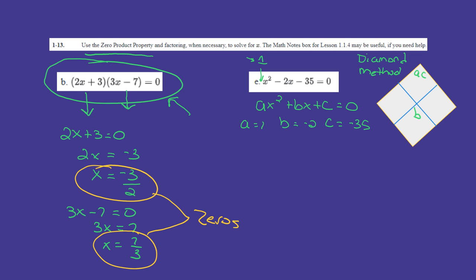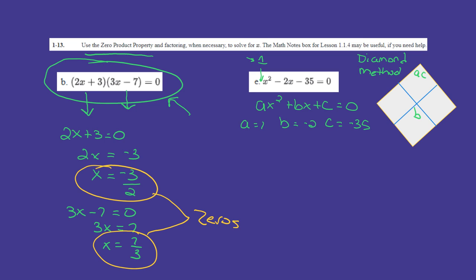The quadratic formula is something else down the road. And you can look at the 1.1.4 lesson notes and you will see the quadratic formula. But most teachers are not going to let you use the quadratic formula for things that are factorable because it's really important to understand how to factor before you move on to tougher concepts.